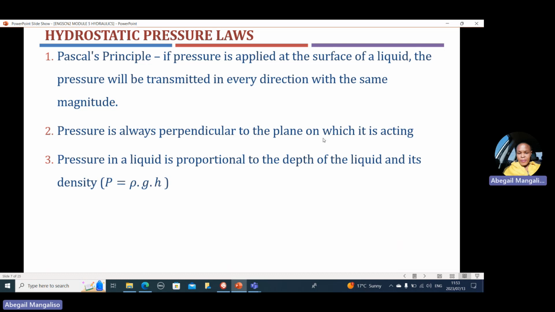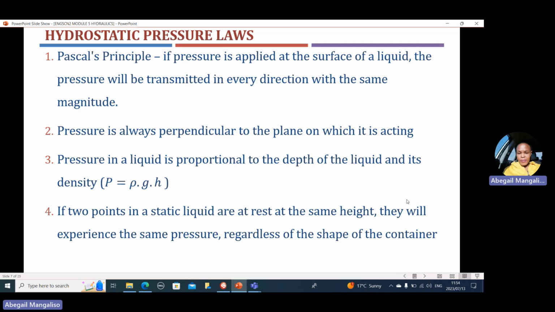It also depends on gravitational acceleration: what planet are you on? It also depends on the level of the liquid inside, which is the height of the column. So pressure exerted by the liquid depends on three quantities: the density, gravitational acceleration, and the height.